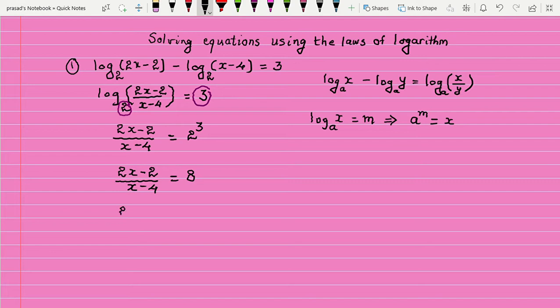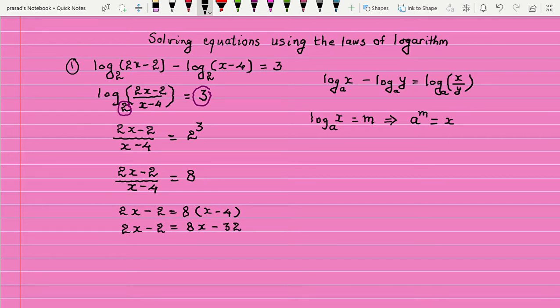So 2x minus 2 is equal to 8 into x minus 4. Cross multiplication. Open out the bracket on the right hand side. So 8x minus 8 4s are 32.